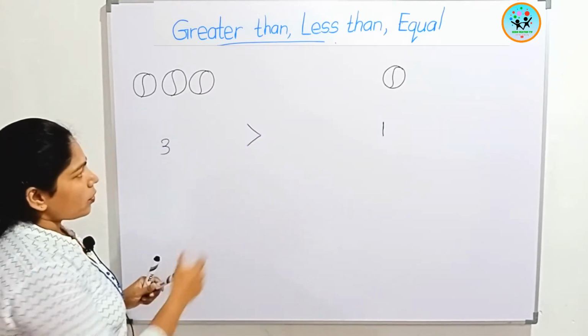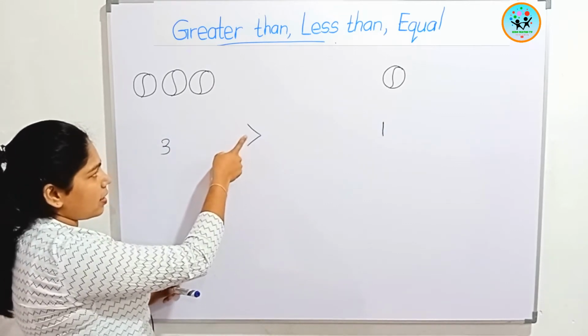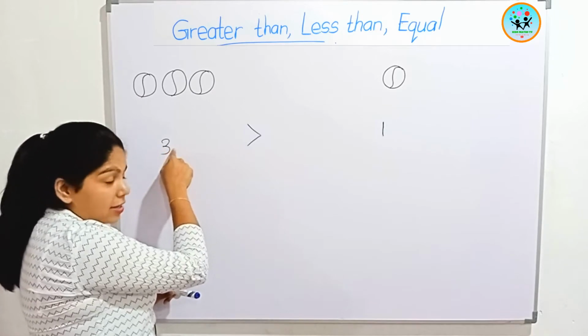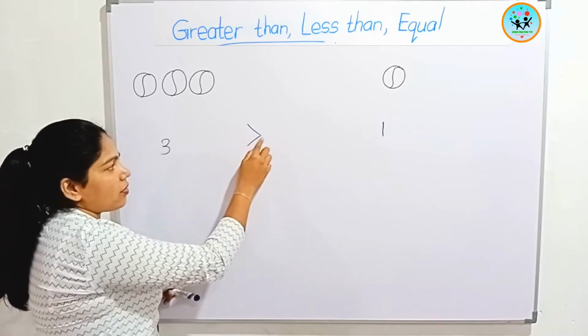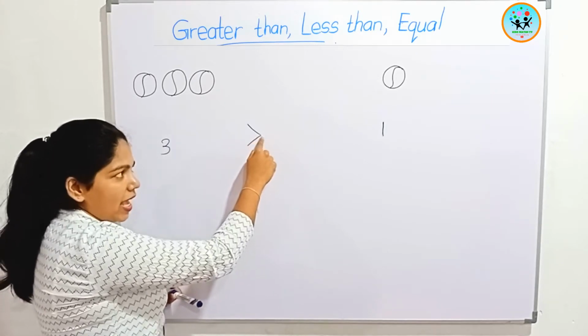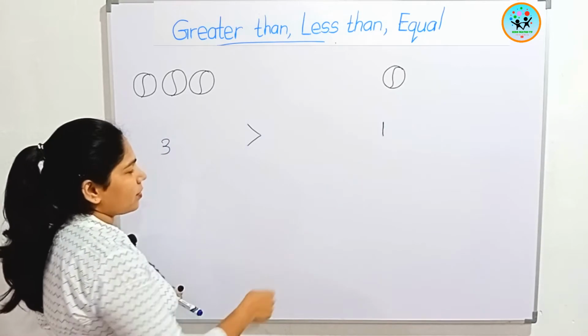Now, the open mouth of the symbol is placed towards greater number and the closed mouth is placed towards less number.